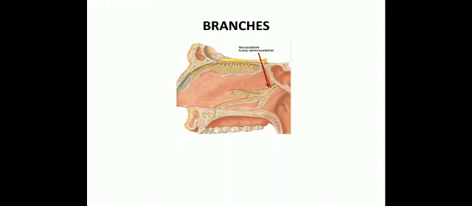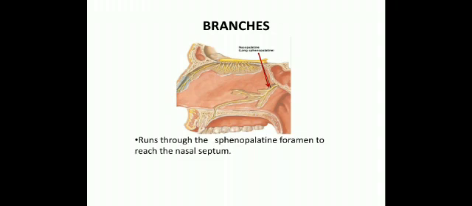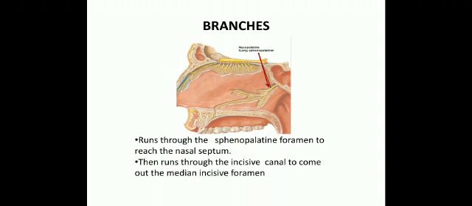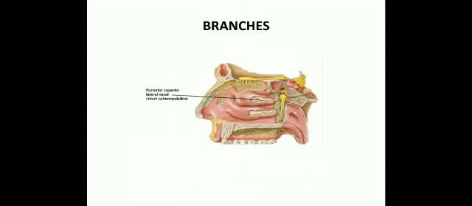The nasopalatine, that is the medial branch, the longest of them, is called the long sphenopalatine branch. It runs through the sphenopalatine foramen to reach the nasal septum and then runs through the incisive canal to come out at the median incisive foramen. It supplies the nasal septum and the gum of the incisors.